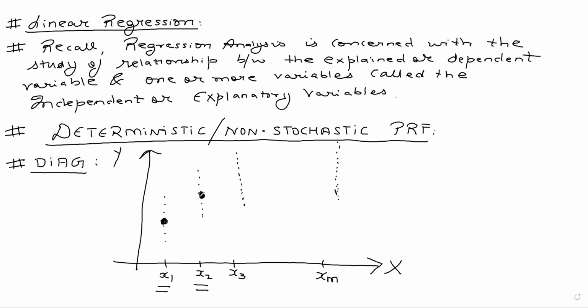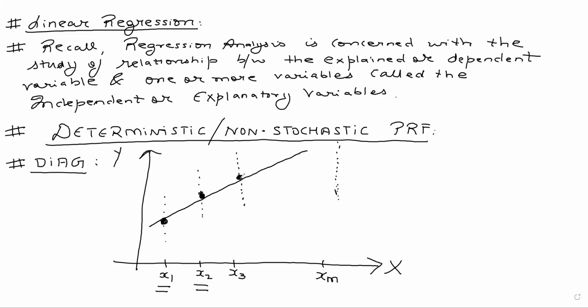Suppose when the value of x is x3, the mean value of y is this, and so on. So when I join all these mean values of y conditional on the fixed values of x, I get the population regression function.